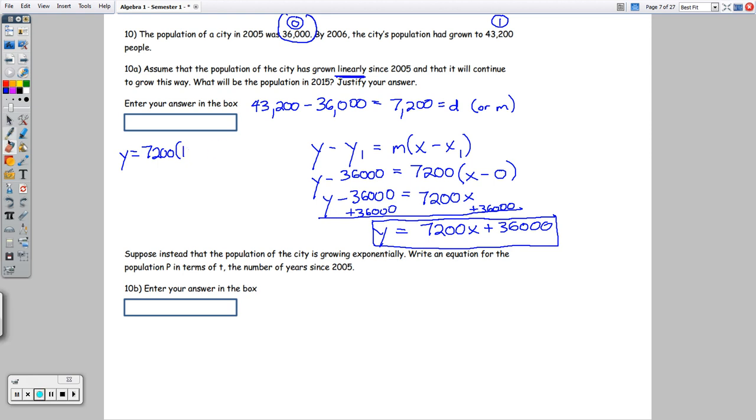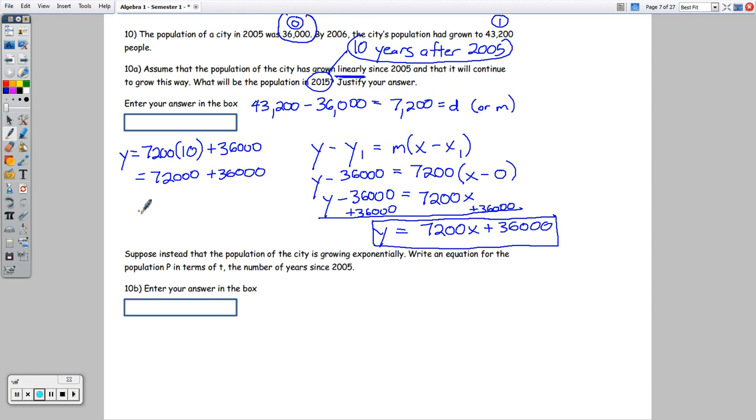And I'm misspeaking here. 2015, this is 10 years, not 15. So this is 10 years after 2005. Therefore, I want to plug in 10 here, not 15. So 7,200 times 10 is 72,000, plus 36,000.